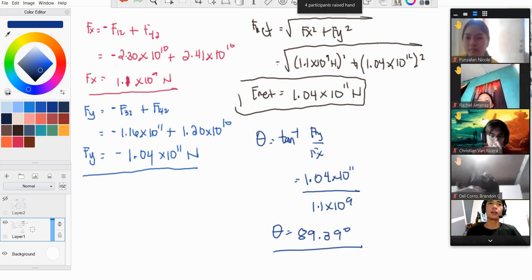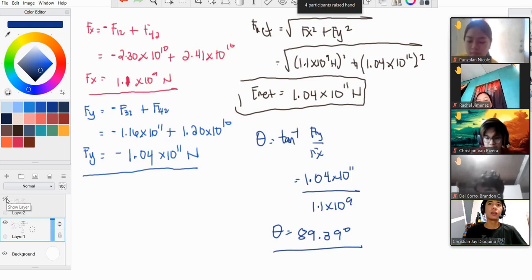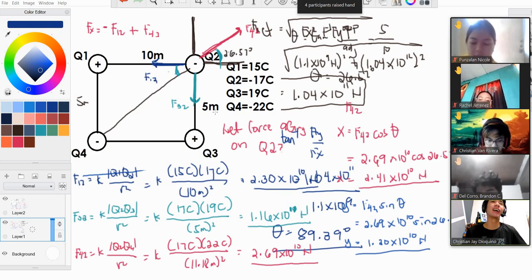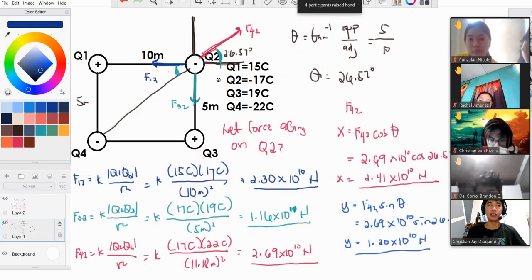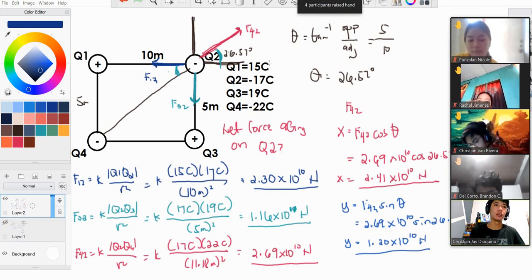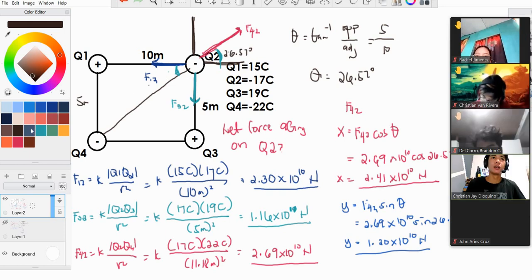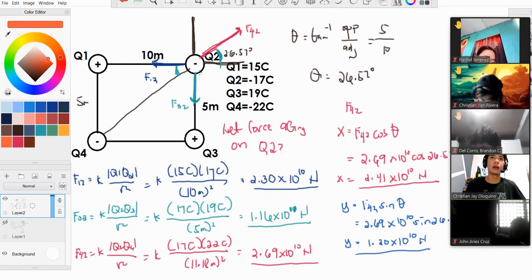89.39 yung degree. Okay? So, saan siya naka-plot? Na quadrant. Since Fx natin is positive, then Fy is negative. So, what quadrant? Quadrant 4 po. Okay, so that's quadrant number 4. Bigyan natin ng orange para kita.